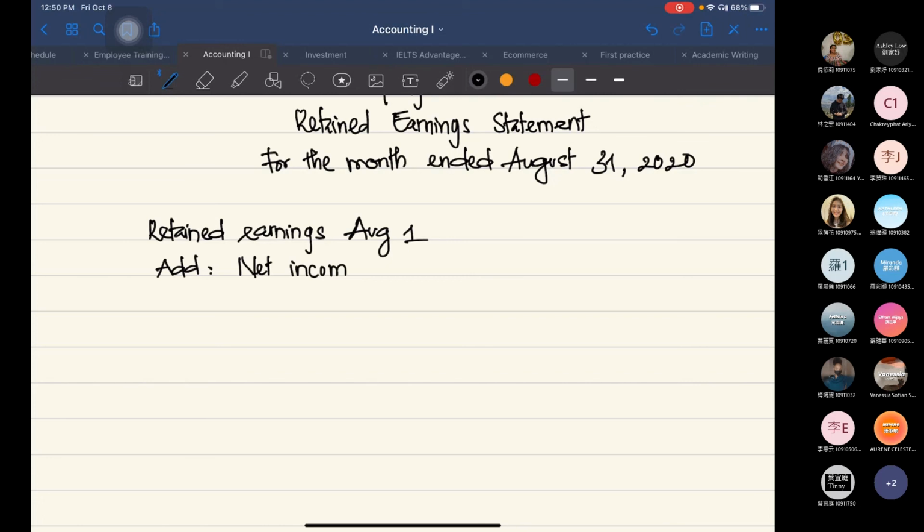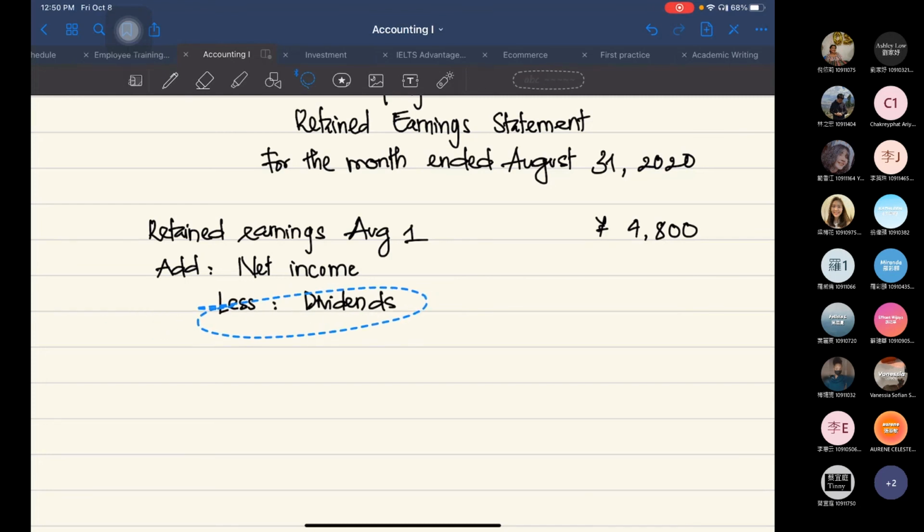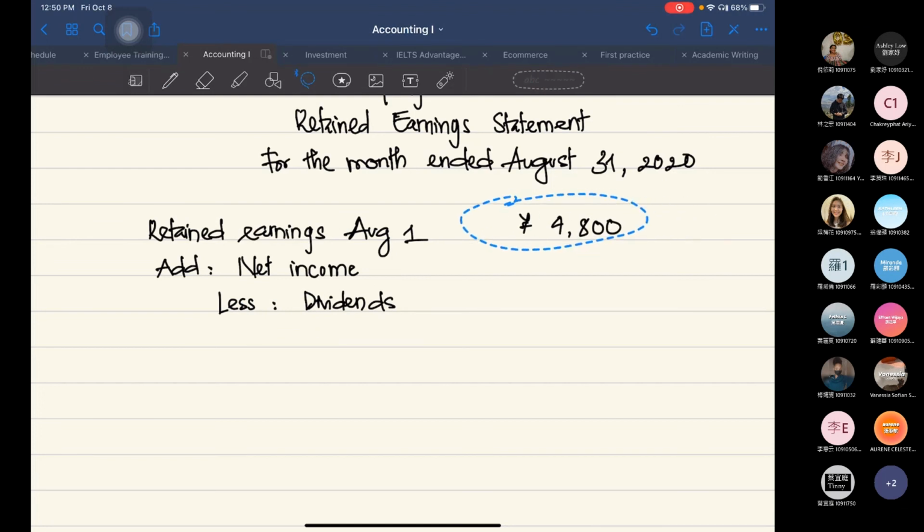4,800. Excellent. Okay, add the net income, less dividend. 3,130, right?